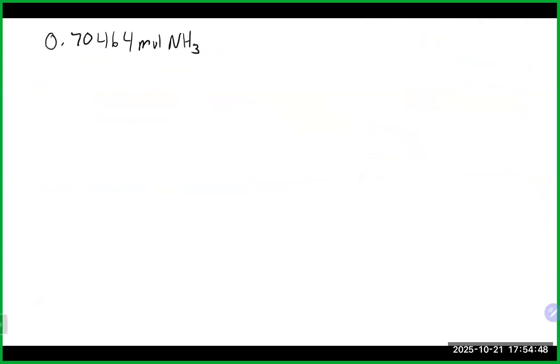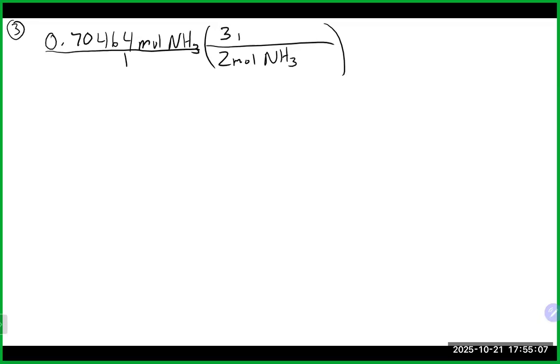So in this case, we would do our third step, which is really our stoichiometry step. And again, if you help, just put it over 1. And now, opposite, I need to put my NH3 on the bottom. And again, that is 2 moles of NH3 on the bottom and 3 moles of H2 on top.